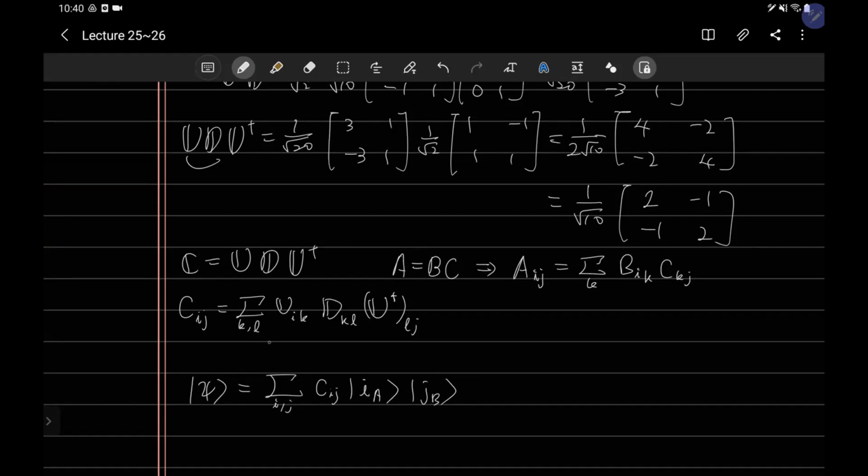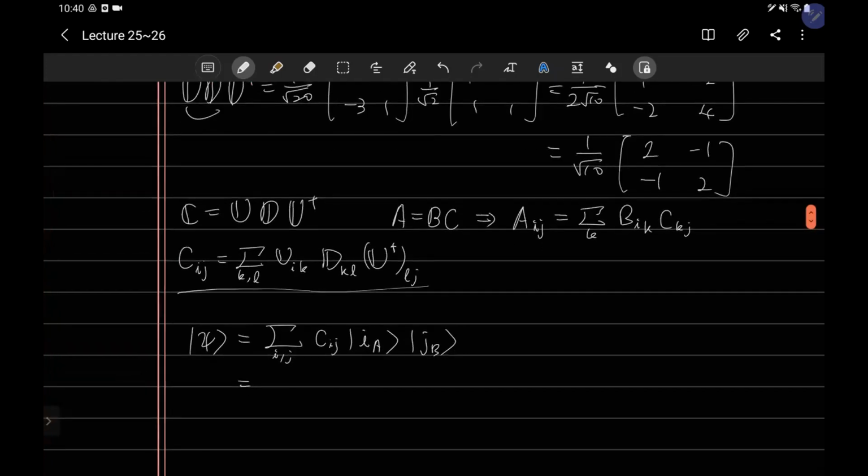And now what I'm going to do is replace this relation to here, and then this will be the summation of all the possible i, j, k, l, and then now C will be replaced by these terms. So it is U sub ik, D sub kl, and U dagger of lj.